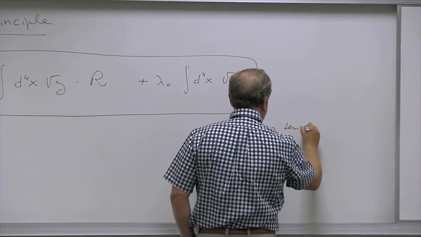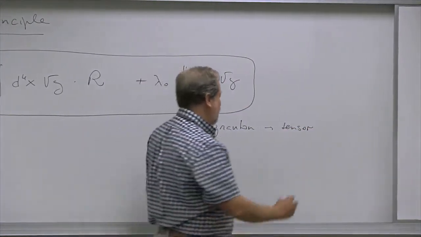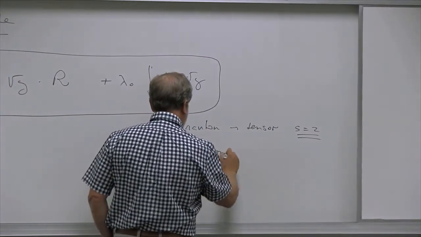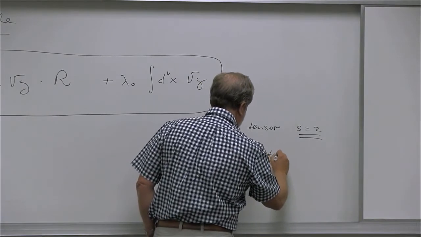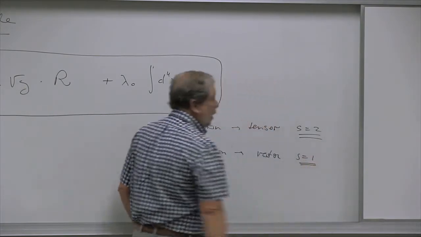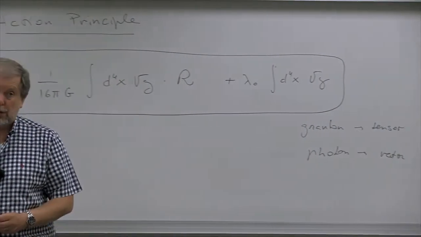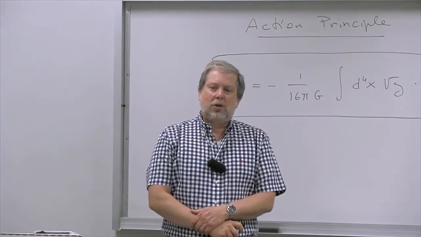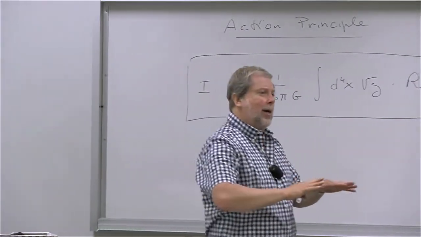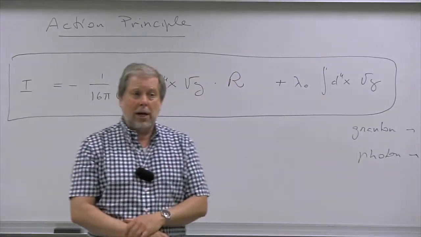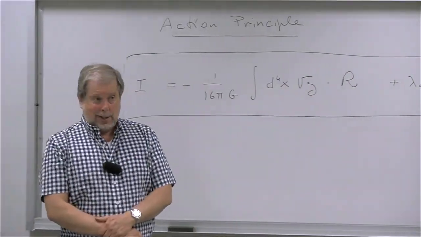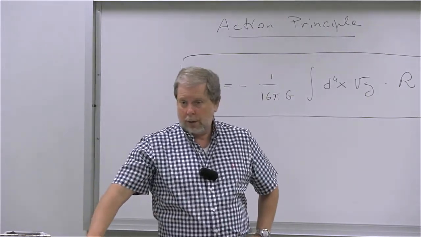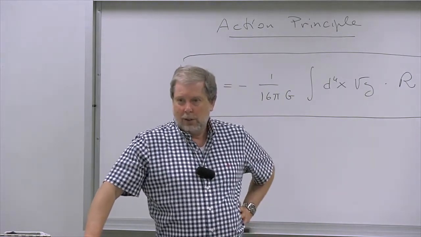a traceless symmetric tensor, which has s equal 2. And so we have the photon, which is a 4-vector, and that has spin 1. And remember, we discussed the reducible representations of the Lorentz group, and we know that the only things you can have which are consistent with special relativity, in a sufficiently small region of space-time which is approximately flat, where special relativity is valid, you can only have spins which are 0, 1/2, 1, 3/2, 2, and so forth.